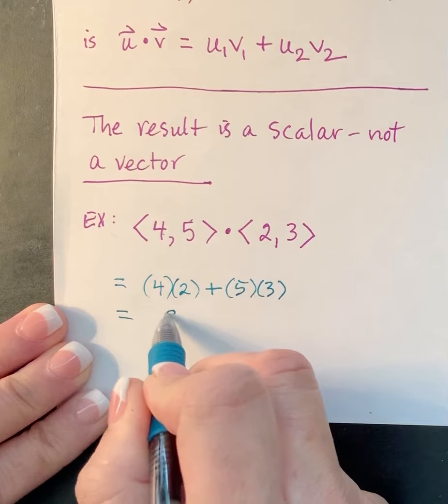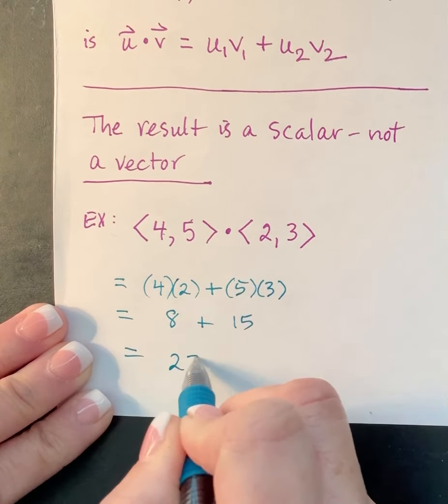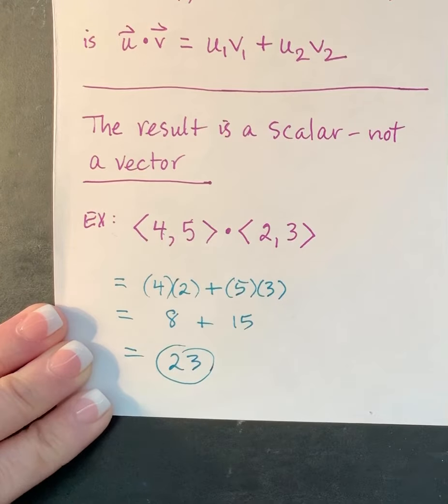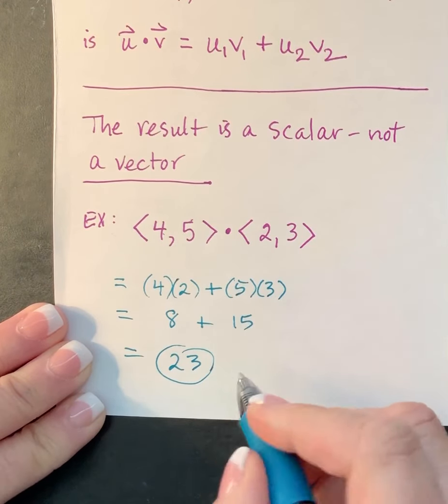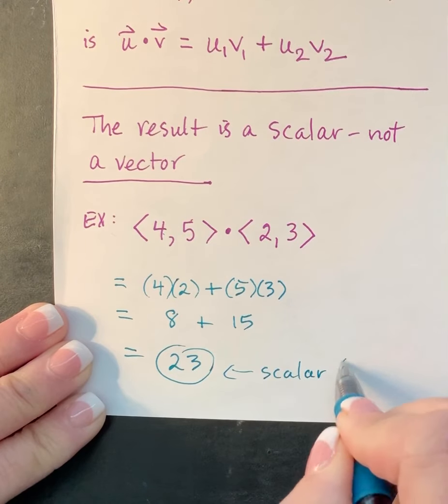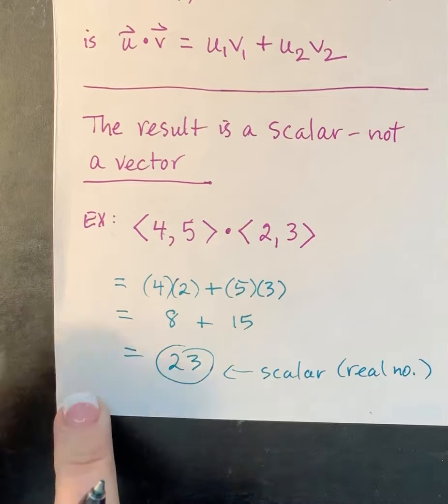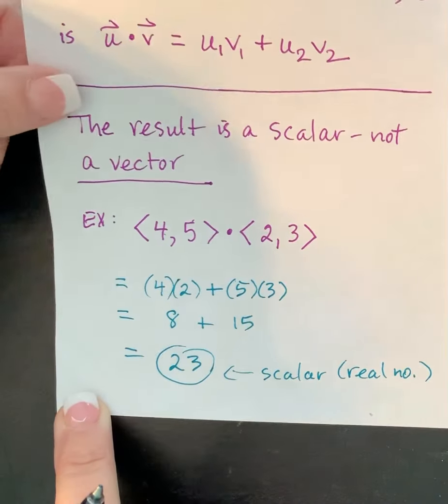And so then that'll be 8 plus 15, and we will get 23. That will be the dot product. So like I said, you get a scalar, which means a real number. It could be positive or negative, or you could actually get 0.